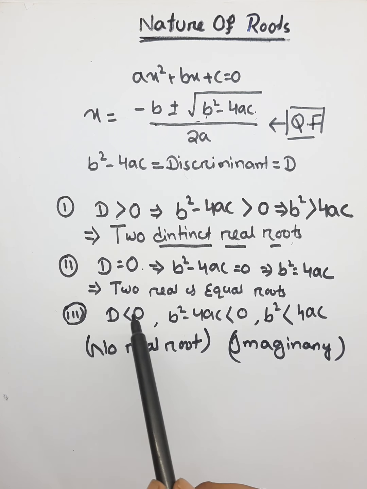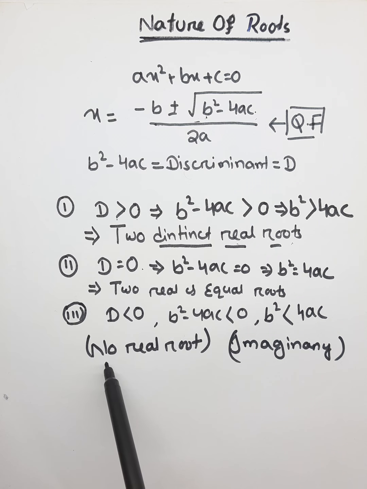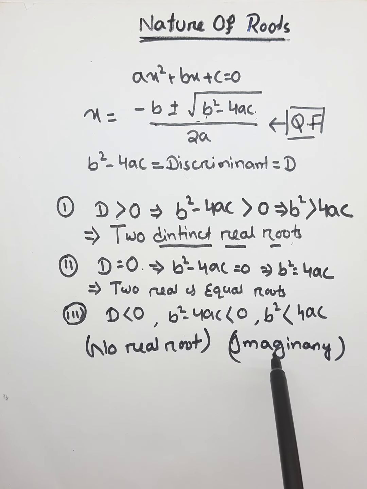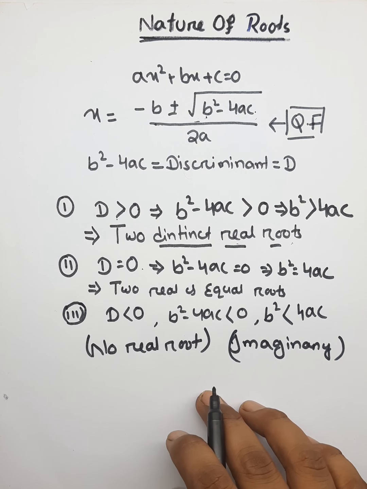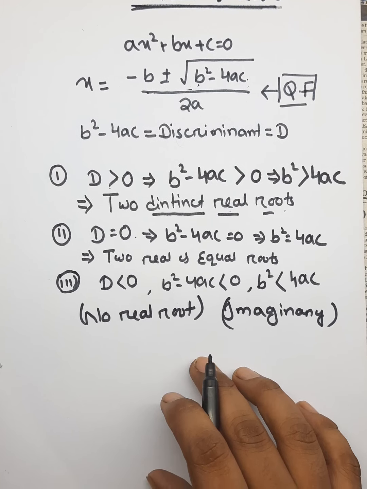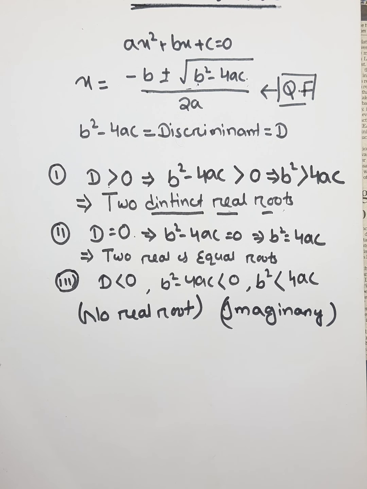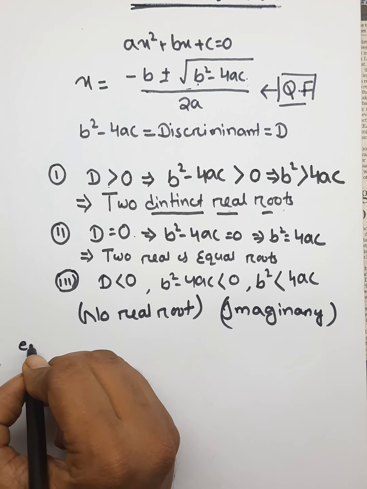If D is less than 0, we get no real roots, or imaginary roots. Let us take an example to see how we can know the nature of the roots.